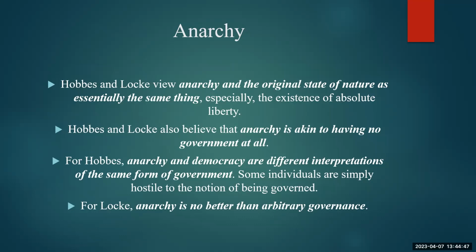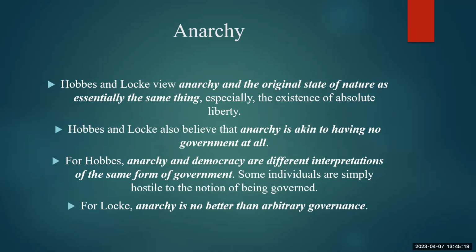Now, Hobbes in particular thinks that anarchy and democracy are different interpretations of the same form of government. Some individuals are simply hostile to the notion of being governed, stepping into the social contract. So they hoped to be able to control their own destiny. And you can see why I put those two classes together, because the kinds of people that Hobbes is talking about are the kinds of masters that Nietzsche would go on to talk about 200 years later.